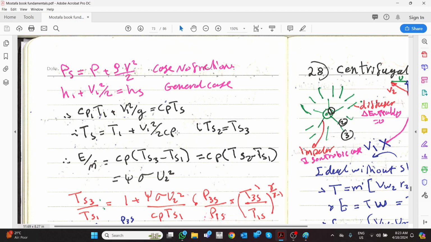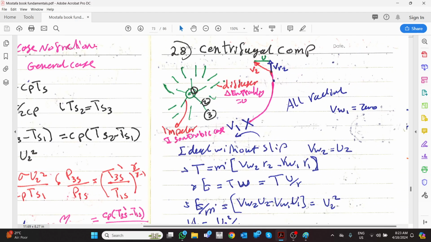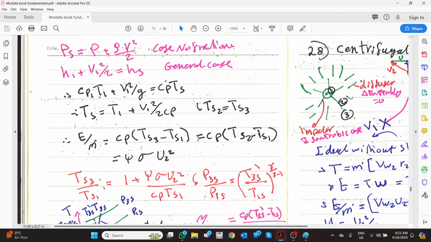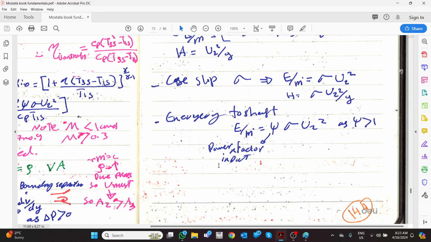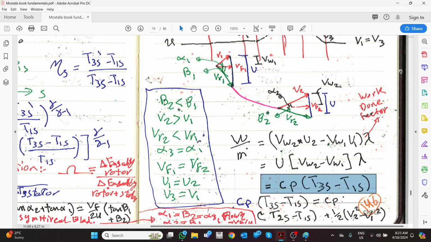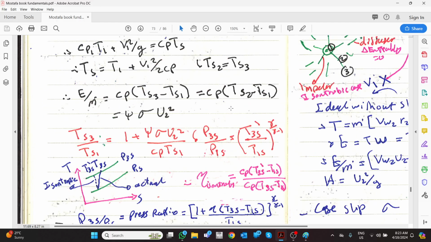Okay, if you put here, by the way, here is missing. We didn't write it, but if we try to write it, it will be V2 squared over 2Cp minus V1 squared over 2Cp, like here. And you will multiply by Cp, so Cp will come. Okay, so we need to write it here.